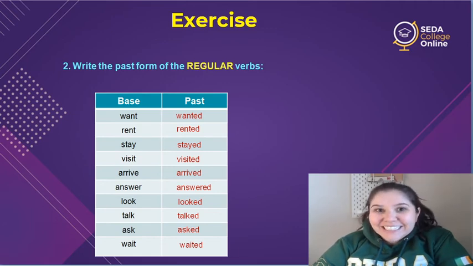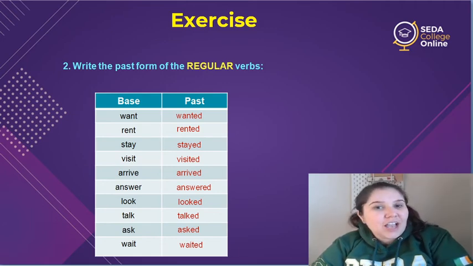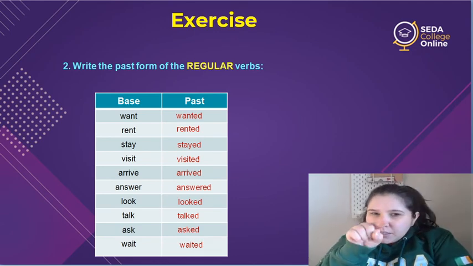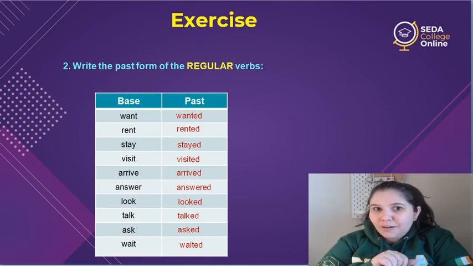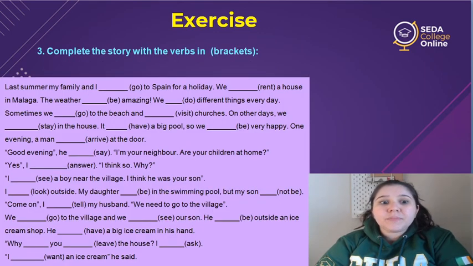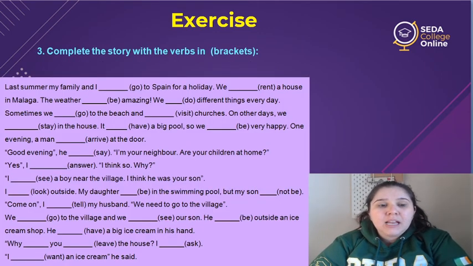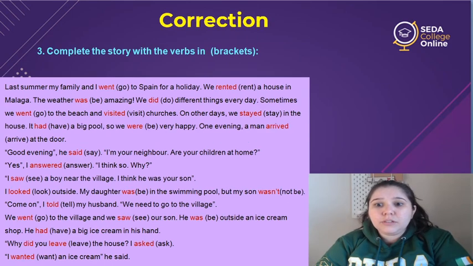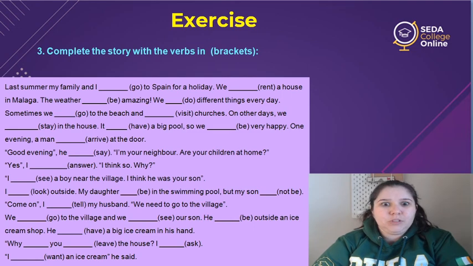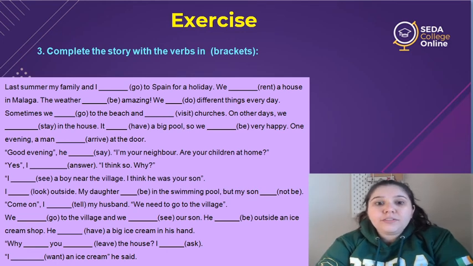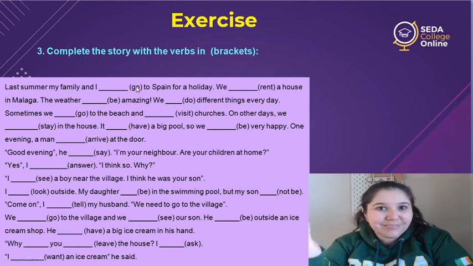Now, I have a challenge for you. It's not a very easy exercise, but I know that you guys can do it. Okay? So we have here a short story. It's about a family holiday, and I want you to complete the blanks, fill in the blanks with the verbs in brackets in the past form. Very simple.